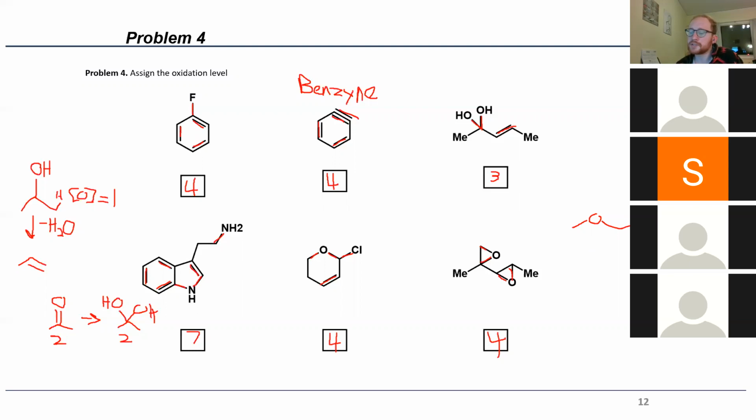But the question here is, is this oxidation level 2 or oxidation level 1? If you consider the whole molecule, certainly oxidation level 2. If you consider this part of the molecule, it's only oxidation level 1. We wouldn't ask a question like that. I think I'll make sure we don't. It's ultimately just a semantic difference. Not really particularly useful.